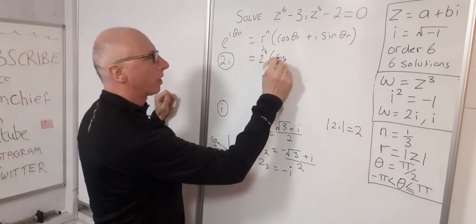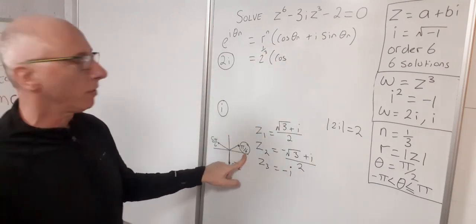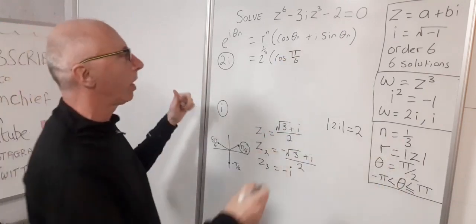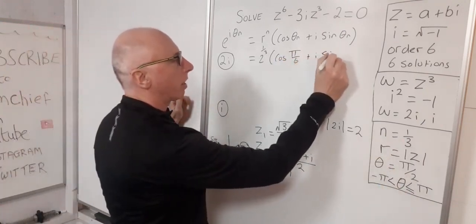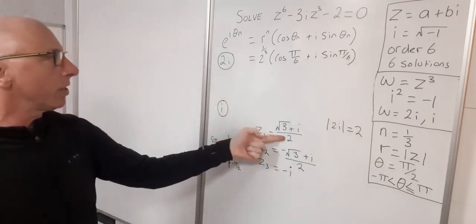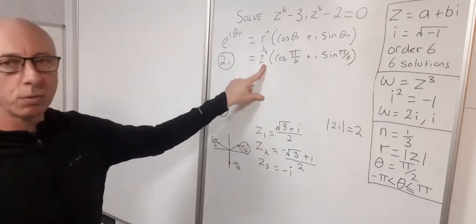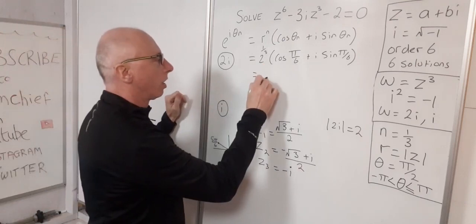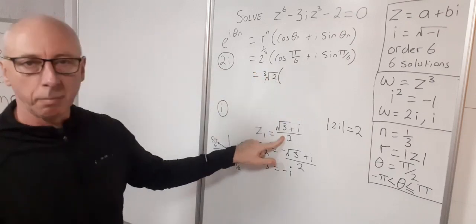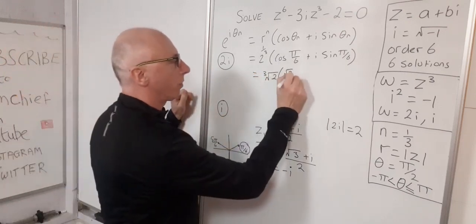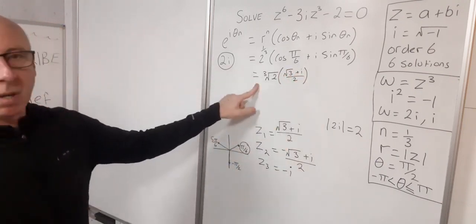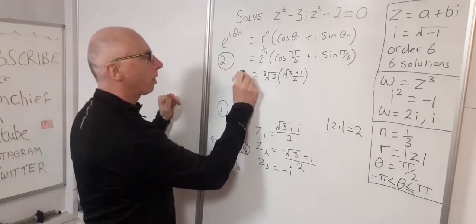And then cosine of pi over 6, because that's pi over 2 times 1/3, plus i sine of pi over 6. That gives the same result as before, but with a multiple of the cube root of 2. So that equals the cube root of 2 multiplied by root 3 plus i over 2. That will be my z4, my first one for 2i.